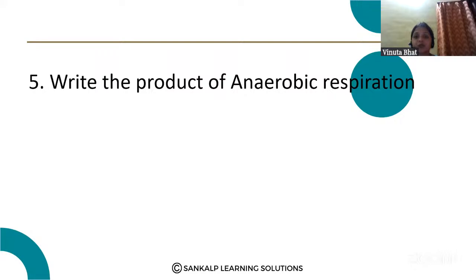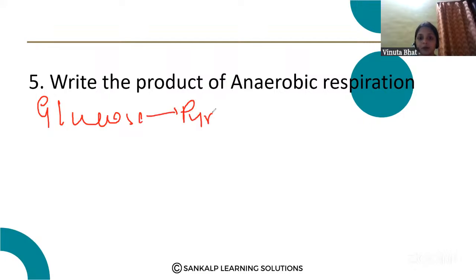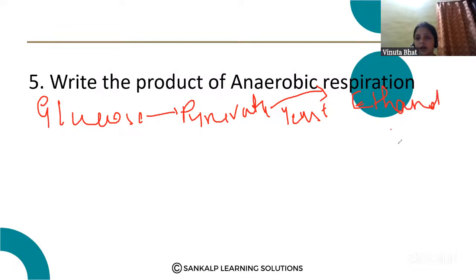Write the products of anaerobic respiration. What are the products of anaerobic respiration? When glucose is converted into pyruvate, it produces, in the absence of oxygen, in yeast, ethanol, carbon dioxide and energy.